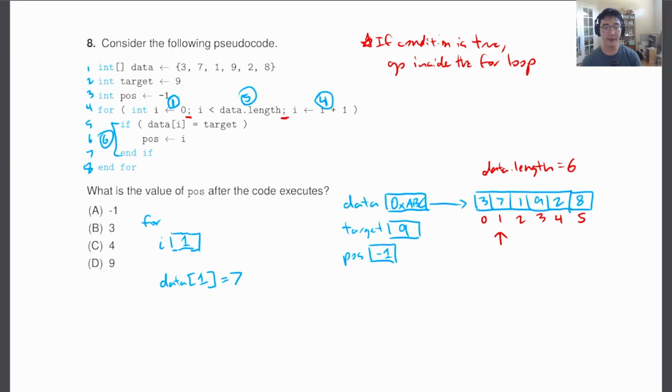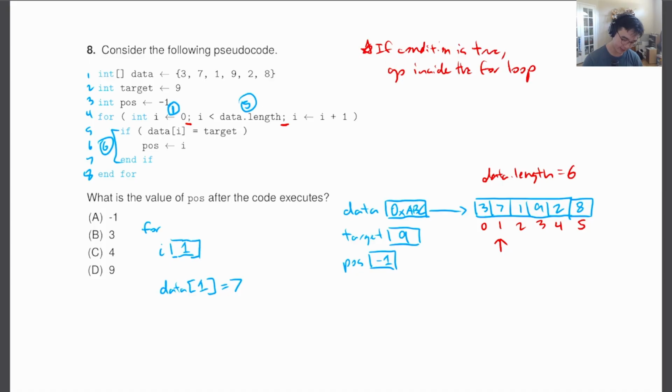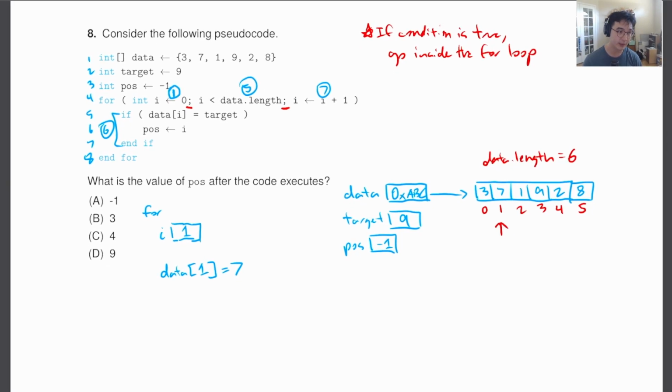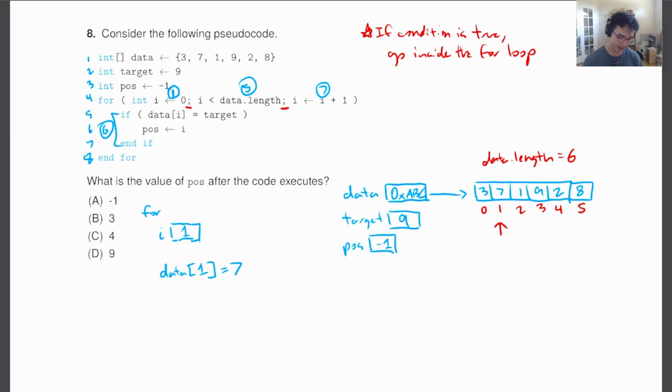So because the if condition is false, you do not go inside the if, which is line 6. You then go to line 7, to the end of your if, you go to line 8, which is the end of your for loop, but then you loop back up, and we are now once again at this change step, increment and decrement. So I is now I plus 1, 1 plus 1 is 2.